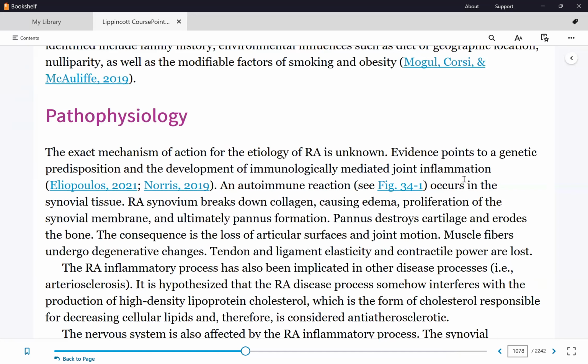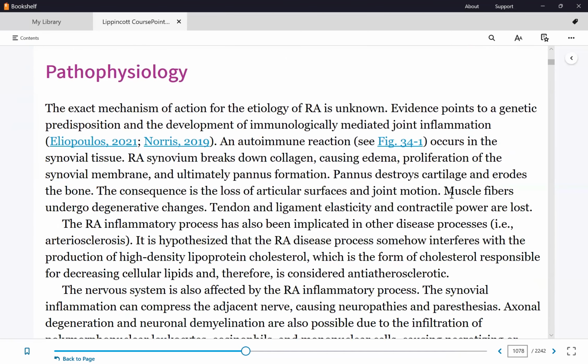All we know is there are autoantibodies again, this time attacking the patient's joints. They attack the synovium, causing destruction of the joints, resulting in chronic pain. It breaks down collagen, causing edema, fluid to accumulate in multiple joints.